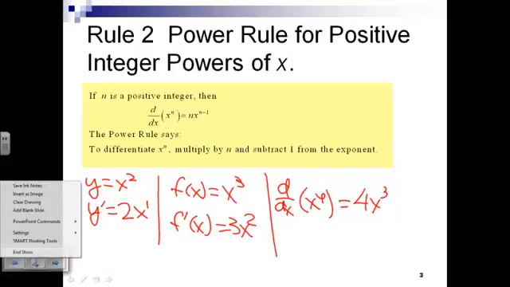All right, let's talk about the justification then. Let's talk about why this rule is true. Are you ready? If I have a function, and that function is in the form x to the nth, where n is a positive integer, and I ask to find the derivative of that function, the only tool we have is the definition of the derivative function.